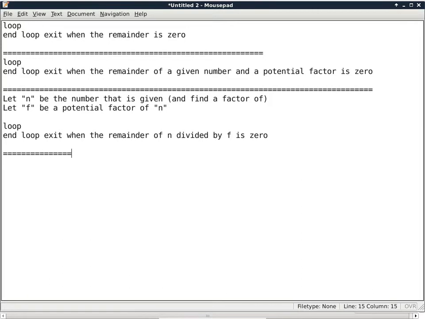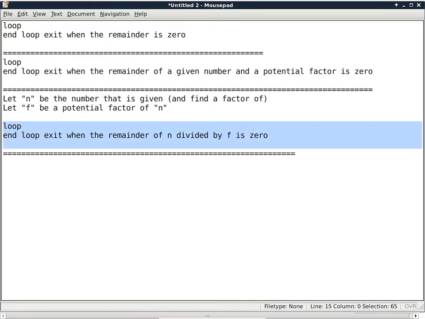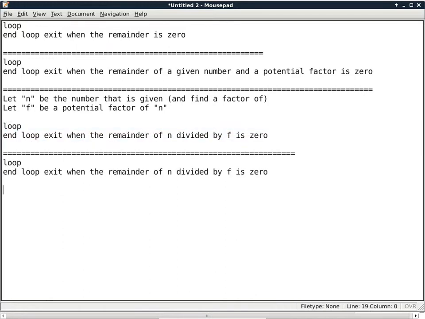Okay. So I'm really going through this step by step fairly slowly. The next step is, well, can we make this even more concise? The remainder of n divided by f is 0. Well, as it turns out, yes, we can, because we can say n mod f equals 0. In this case, mod becomes an infix notation.